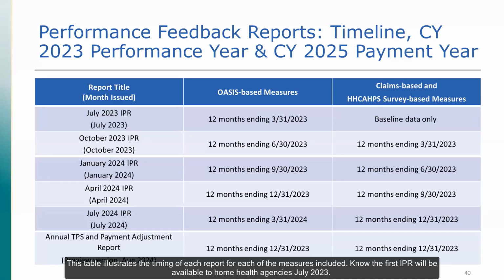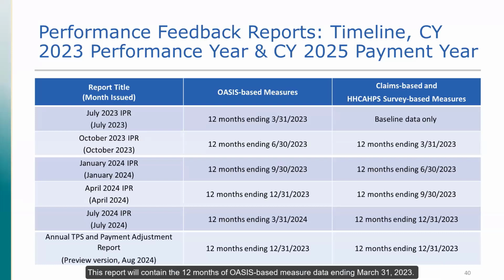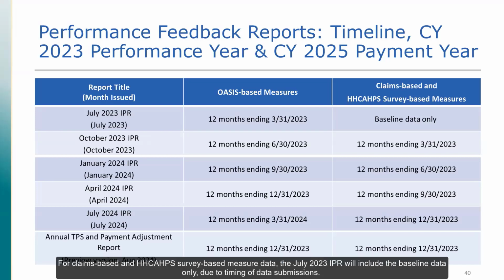This table illustrates the timing of each report for each of the measures included. Note, the first IPR will be available to home health agencies July 2023. This report will contain the 12 months of OASIS-based measure data ending March 31st, 2023.